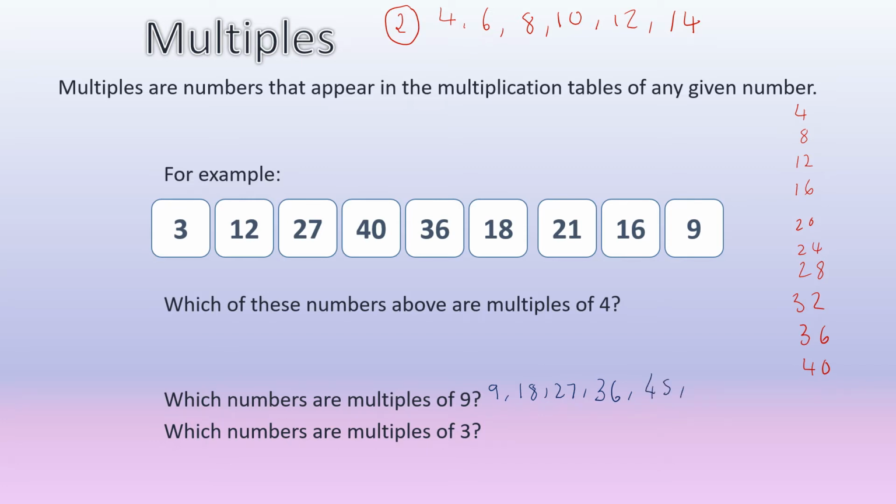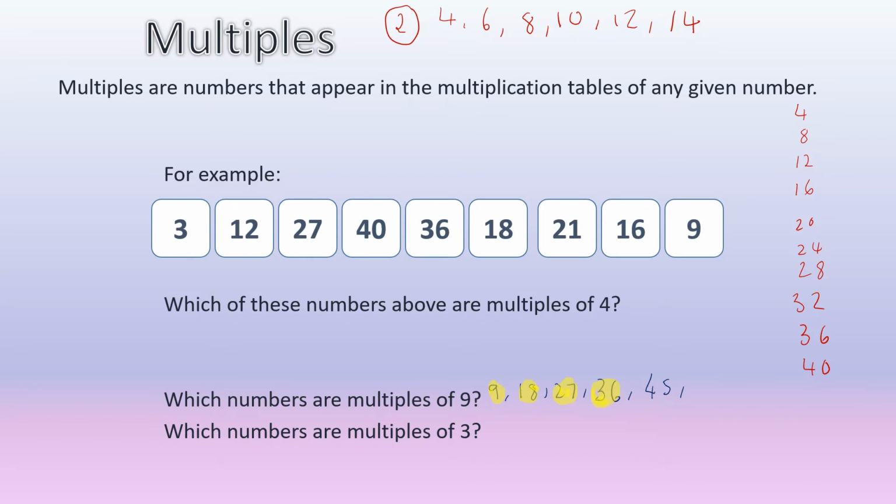I'm not going to go any higher than that because the numbers don't go higher. So in this case, the multiples of 9 that we have on our picture are 9, 18, 27, and 36.